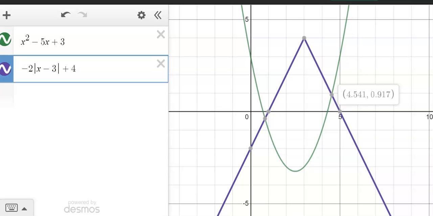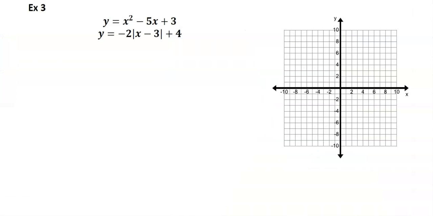And so their points of intersection are, once again, 0.807 and negative 0.385, and 4.541 with 0.917.